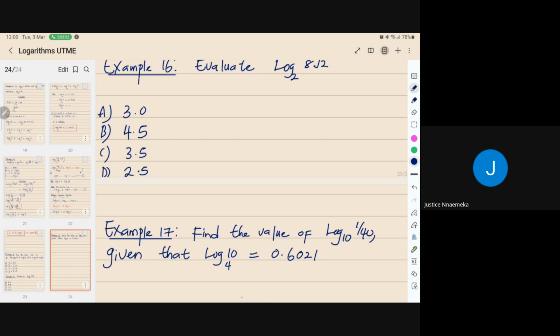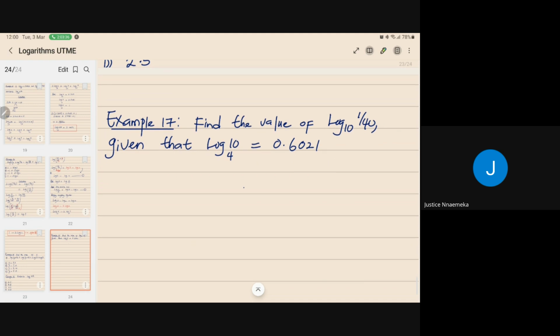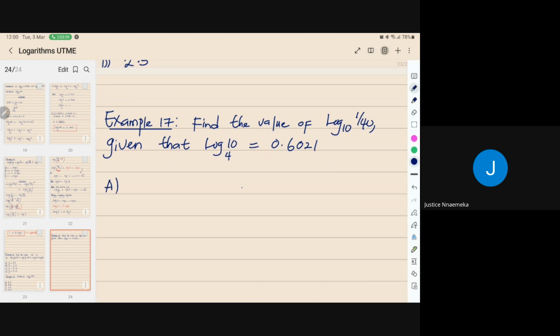All right, and they gave us the options. Option A is 1.3979. Option B is 2.3979. Option C is minus 1.6021. Option D is 2.6021. So do well to submit your assignments before today runs out.